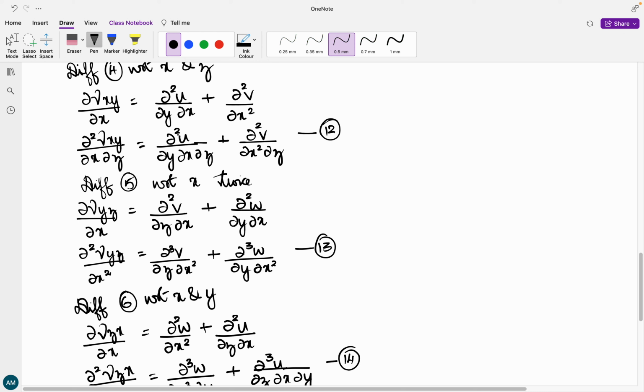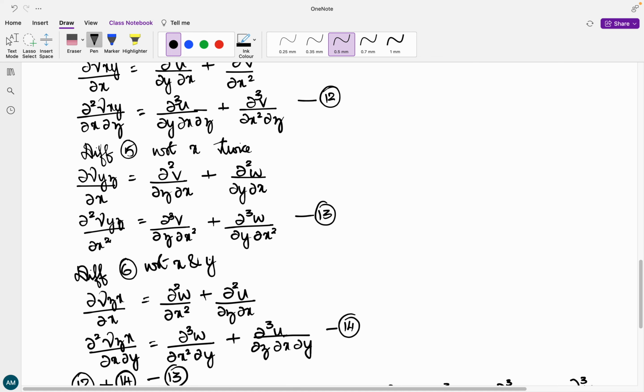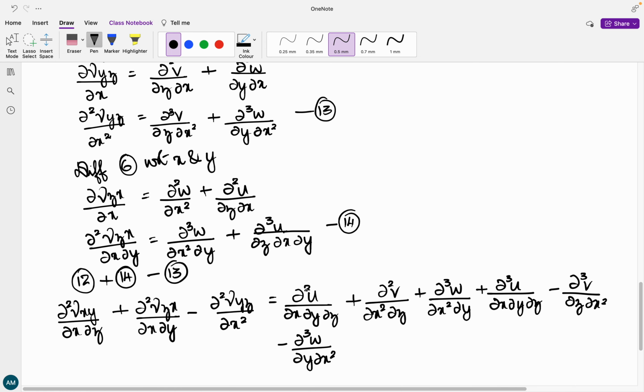We haven't written cube here, so it's cube actually.